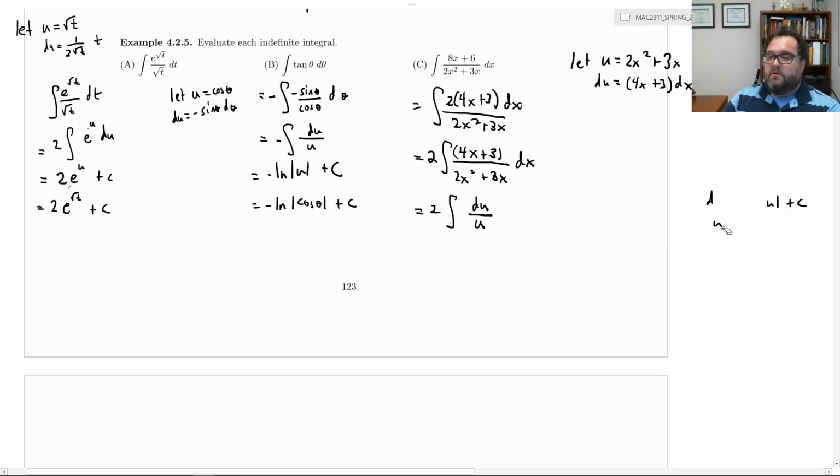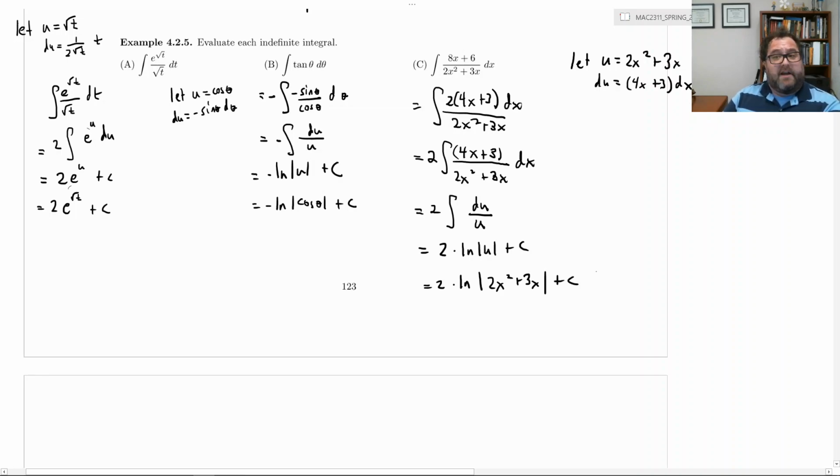So here, simply antidifferentiate. Of course, there's a 2 out front. This is going to be 2 times natural log absolute value of u plus c. And then all I have to do is back substitute now. So I back substitute u, which is 2 times natural log absolute value 2x squared plus 3x plus c.